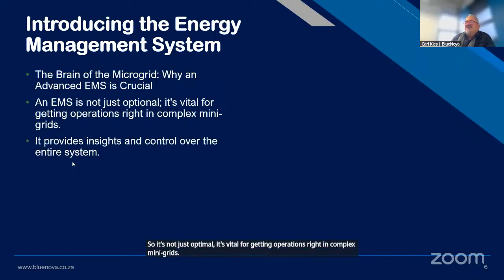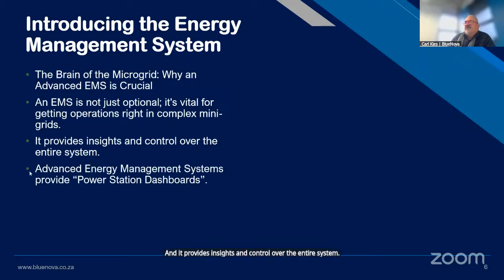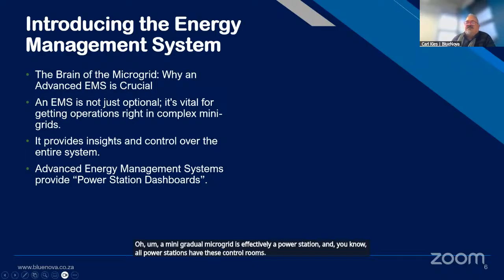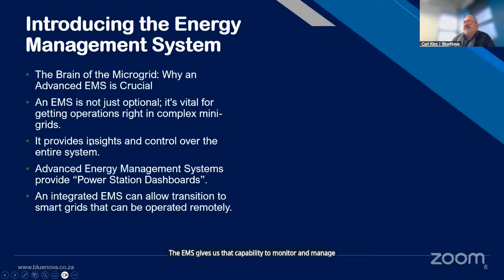It provides insights and control over the entire system, which means it provides a kind of power station dashboard. As I mentioned before, a mini grid or microgrid is effectively a power station, and all power stations have control rooms. The EMS gives us that capability to monitor and manage the system.